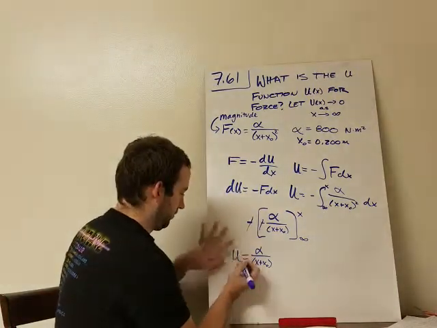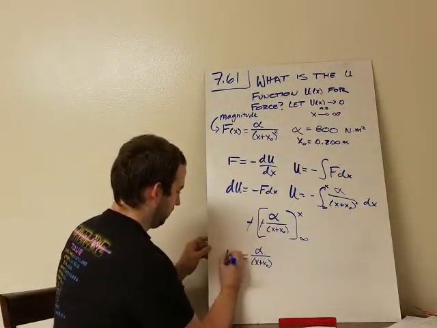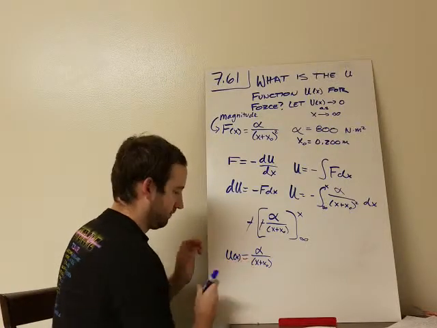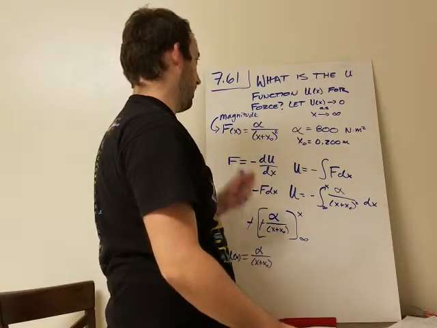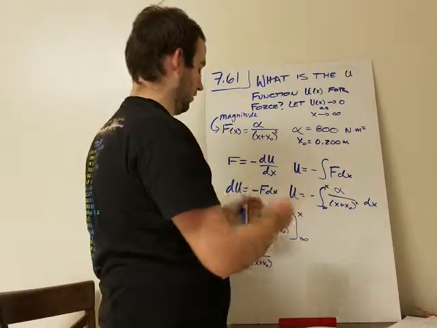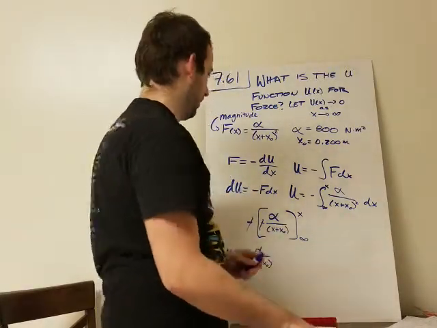And I guess that is u of x, not just u. So now that we know u of x, or u, either way, it's u.